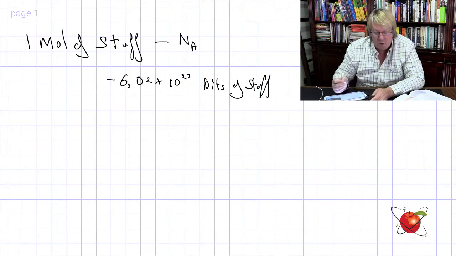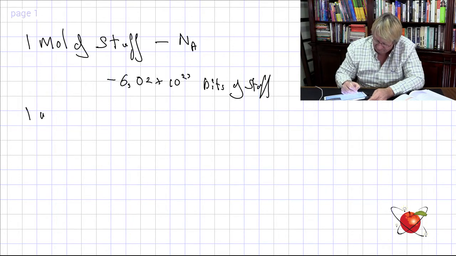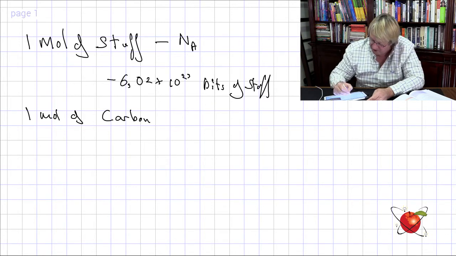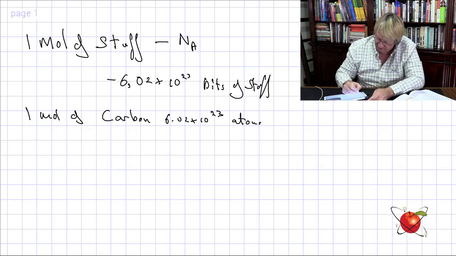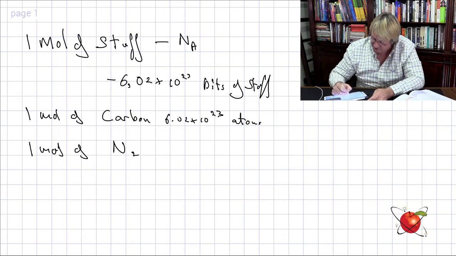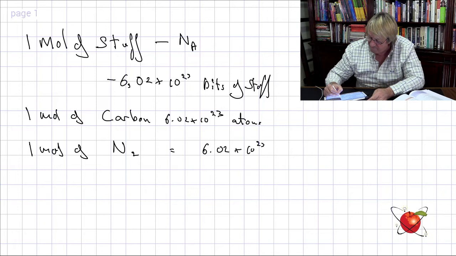Right? So 1 mole of carbon, for example, has got 6.02 times 10 to the 23 atoms of carbon. 1 mole of nitrogen has got 6.02 times 10 to the 23 molecules.